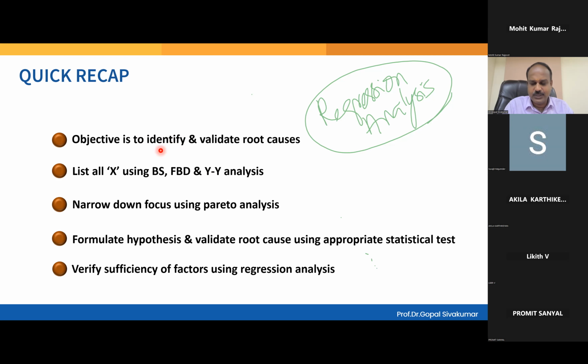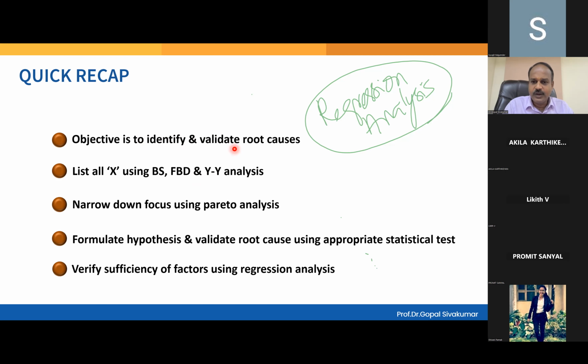Is it that your brainstorming was not proper? Or cause and effect analysis was not proper? Where your people failed? You include that factor and then come back. Again, look at your regression. Your regression will now be closer to 100%. If your regression is closer to 100%, it is good to proceed to the next phase.